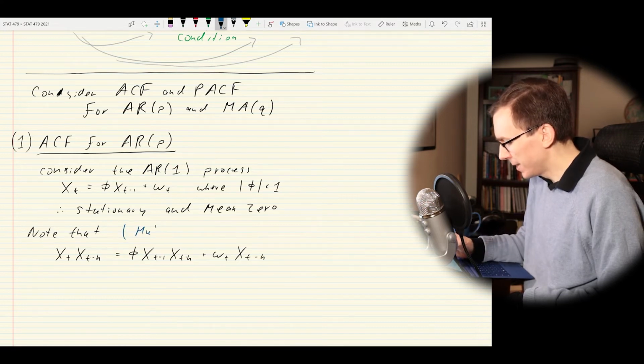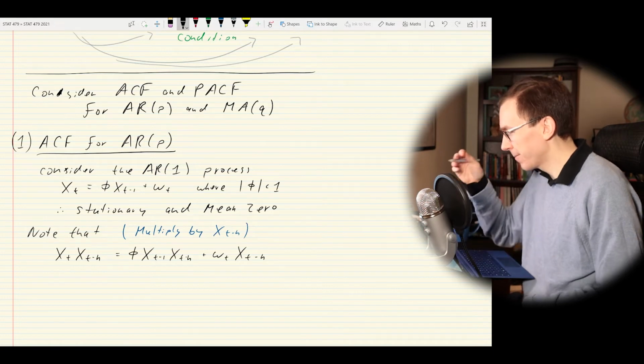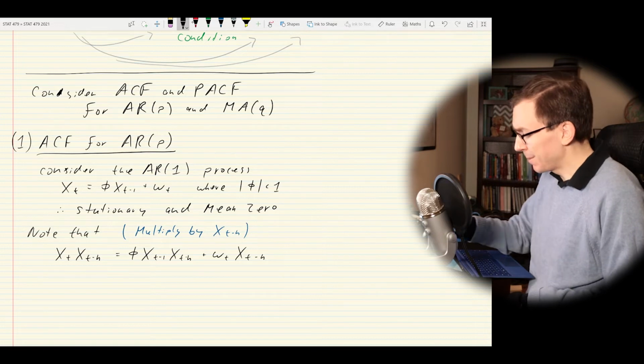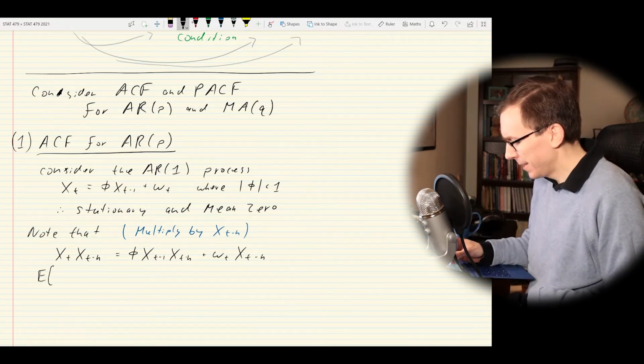So all I did was multiply by xt minus h on each side of the equation. Okay. Why? Well, because I'm going to end up taking an expected value of each side.